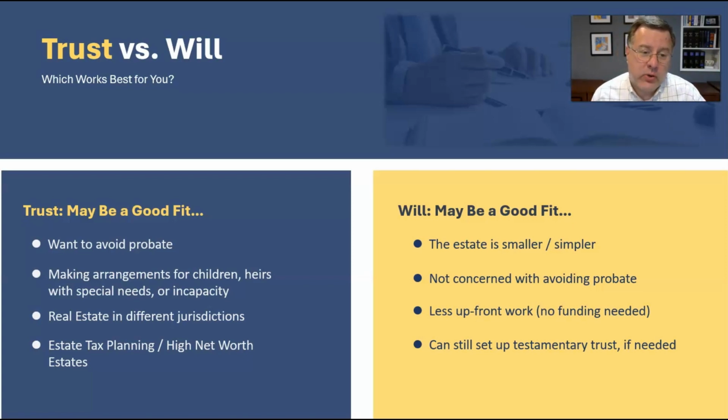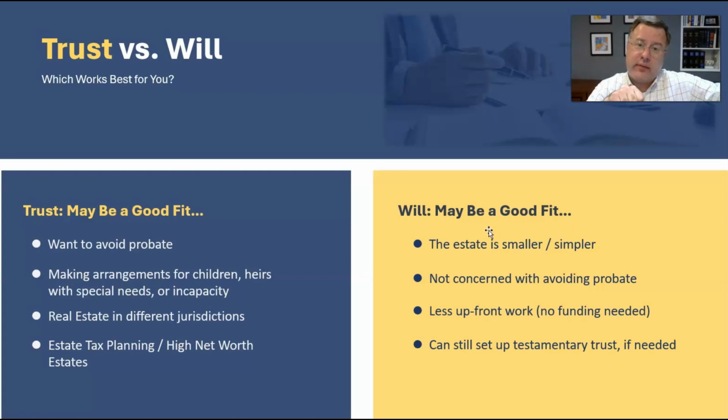Another thing where a trust might be a good fit for you is when there's real estate in different jurisdictions. Think about somebody who lives in Virginia, their home is in Virginia, but they have a beach house in Maryland. Well, if we use a will, remember we have to go through probate, but because we now have property in two different jurisdictions, we would do probate in Virginia.